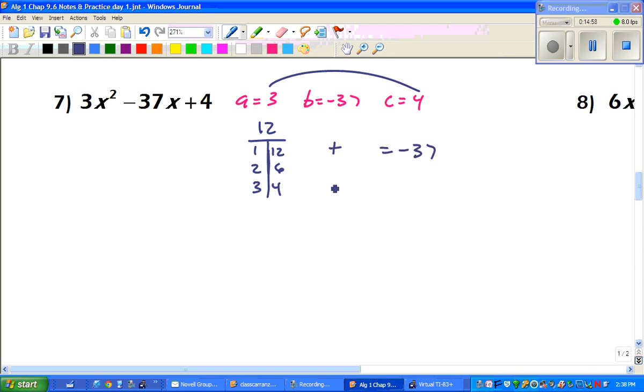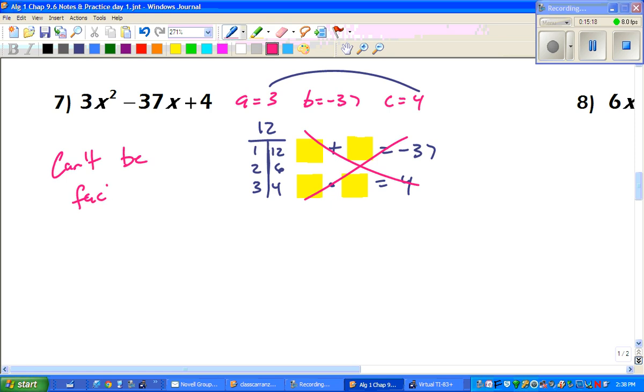So what numbers add up to 37, but multiply to get to 4? Any of those combinations? There's nothing, so the answer to this one is can't be factored.